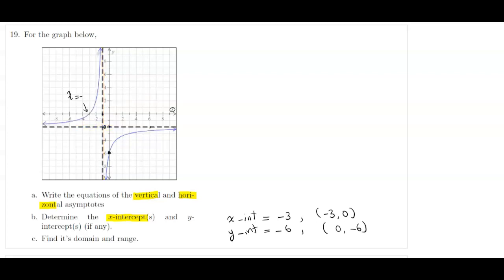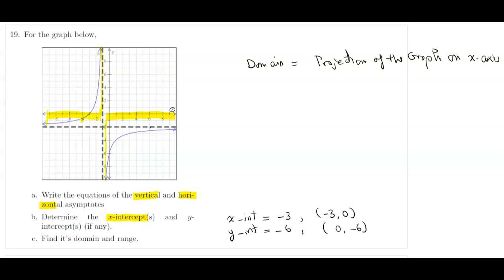Now for the third question, the way we proceed with the domain and range is by doing the projection. So the domain here is equal to the projection of the graph on the x-axis. If I do the projection, you notice that this part of the graph would be projected here. It will cover everything from there, and the projection of this graph here is going to be right here, just before the asymptote, and this part is going to be projected here.